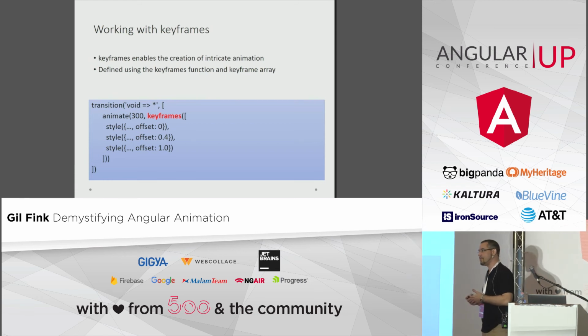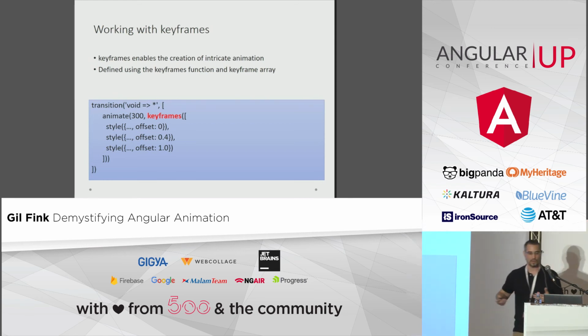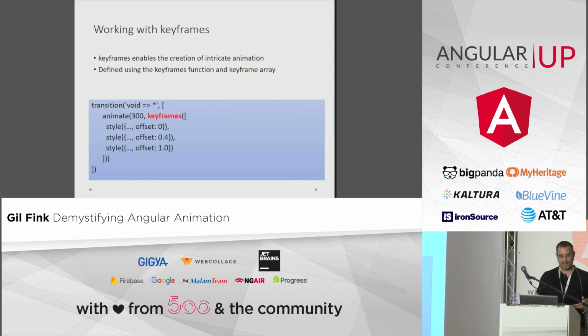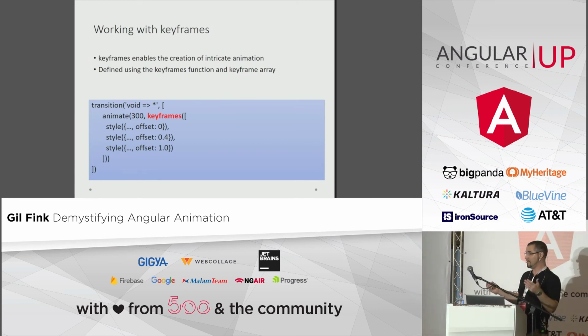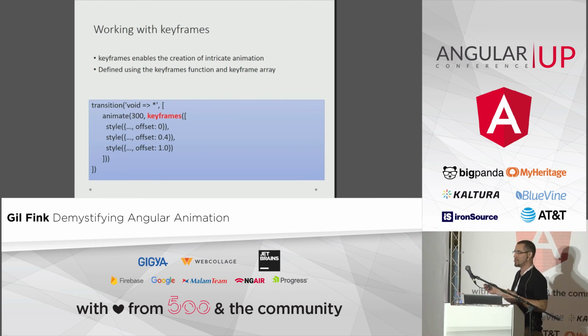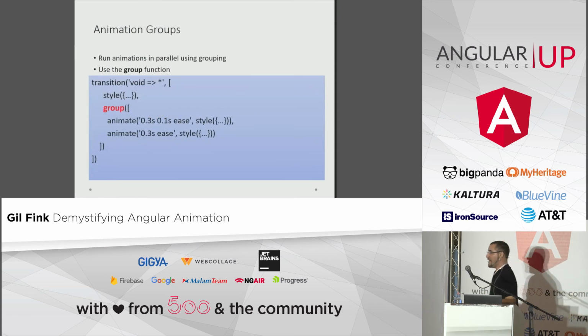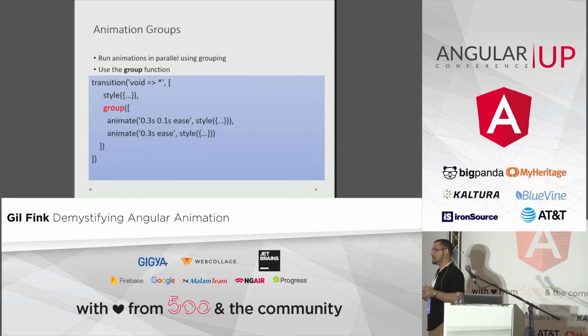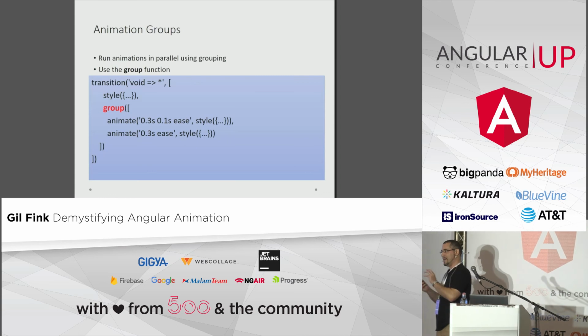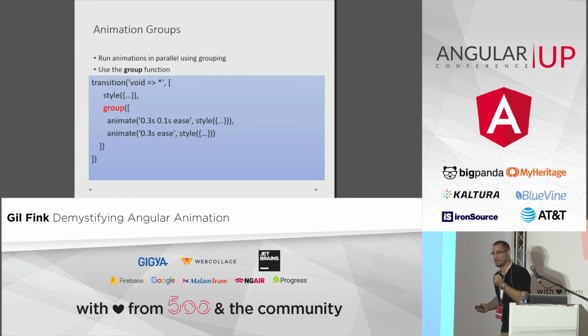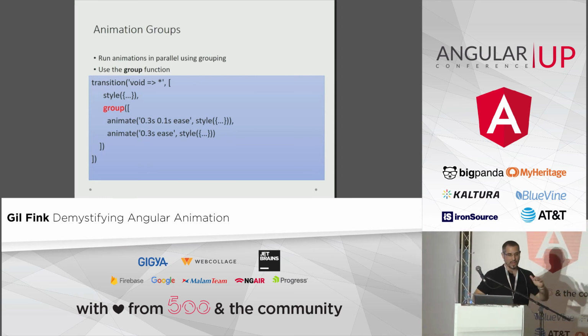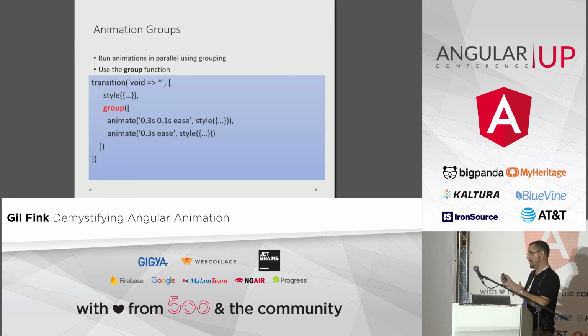More things are supported. You can use the keyframe function in order to configure all the keyframes that you want to use, those same keyframes that you saw in Angular Animation API. You have Angular animation groups. You can take some animation, couple them into one group and then run them together and then run another group at the same time, and you have concurrency of animations on the same element.